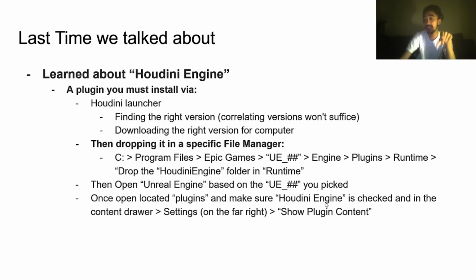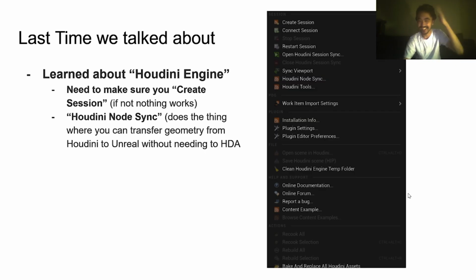You can have Houdini Engine or Houdini Niagara show up, but you need to show plugin content, because if you don't, you're not going to see the plugin content. You're gonna feel dumb, like me. I felt dumb when I couldn't find it. That took a few hours until I realized, oh, it's this.